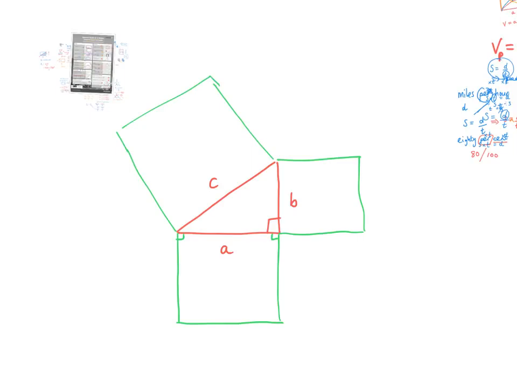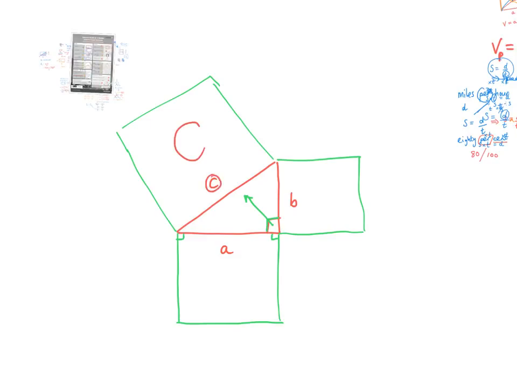Then all you've got to think about is this. What's the longest side of that triangle? Well, the longest side of the triangle is always the one opposite the right angle in the triangle that you started with. So basically, this is going to have the biggest area. So we're going to call this C here, and that's going to be the biggest area. And how do I find that area?